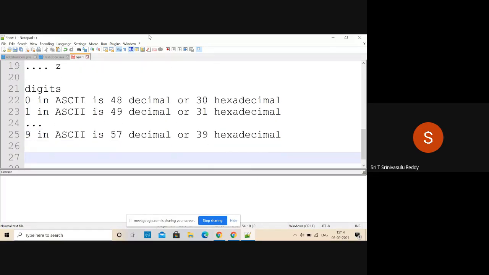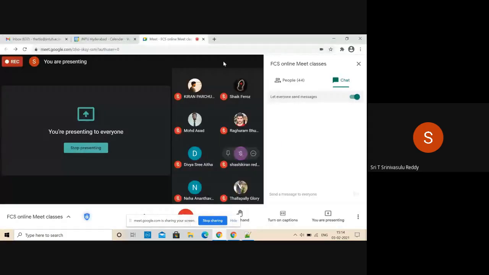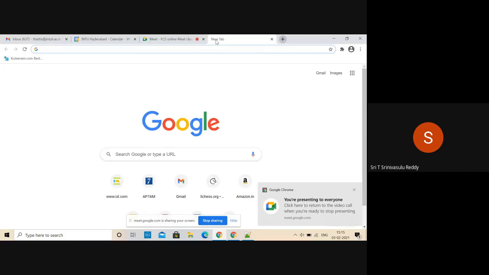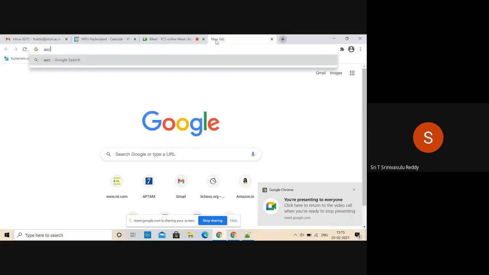Like this, all the other characters will also be there, like special symbols, less than, greater than, and all that. We can take a look at the corresponding ASCII chart. Just simply type in ASCII chart.